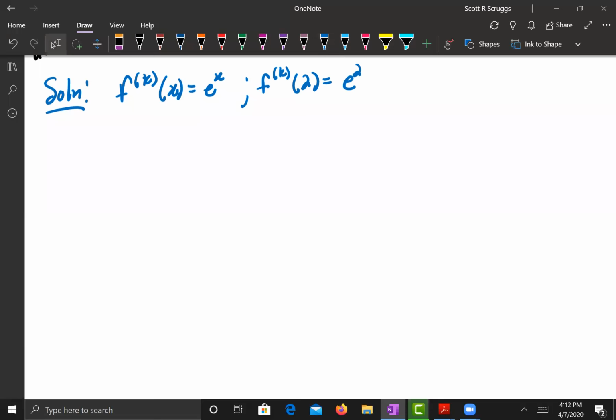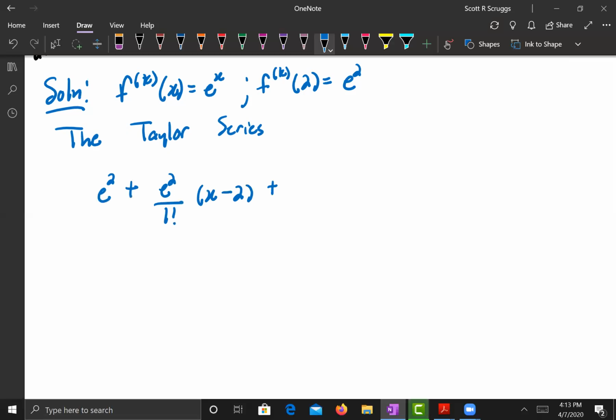But anyway, since we now always have a coefficient, if I write out the Taylor series explicitly, we have f evaluated at 2, which is e to the 2, plus e to the 2 over 1 factorial, x minus 2, plus e to the 2 over 2 factorial, x minus 2 squared, and so on.